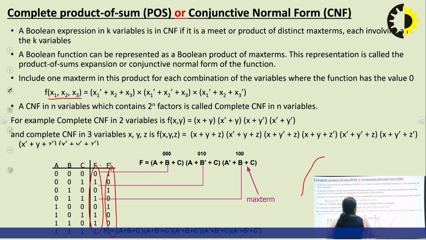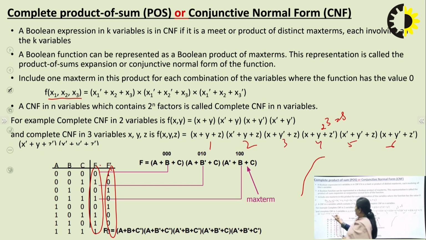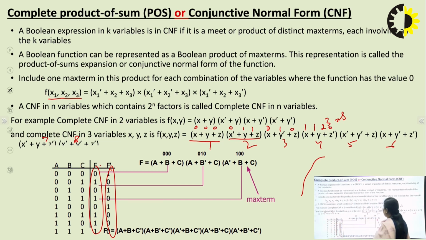In complete CNF, we again have 2 to the power 3 equals 8 terms: 1, 2, 3, 4, 5, 6, 7 and 8. Again x plus y plus z, x dash plus y plus z, x plus y dash plus z, that is 0 0 0, 0 0 1, 0 1 0, 1 1 0, like this.